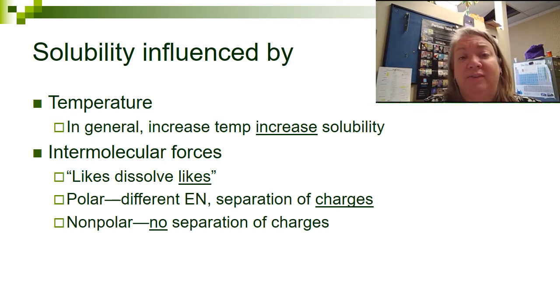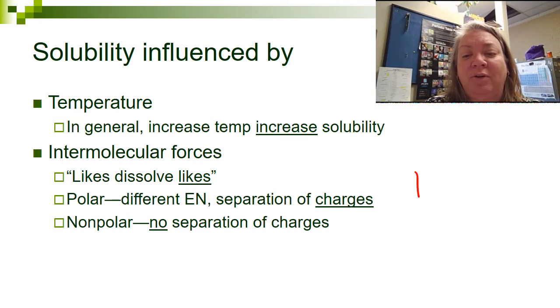A polar substance is a molecule that has what are called different electronegativities, meaning that the different elements, the different atoms, like the electrons more than some others do. So we get this separation of charges. So let me see if I can show you an example. The example we show a lot in class is HCl.